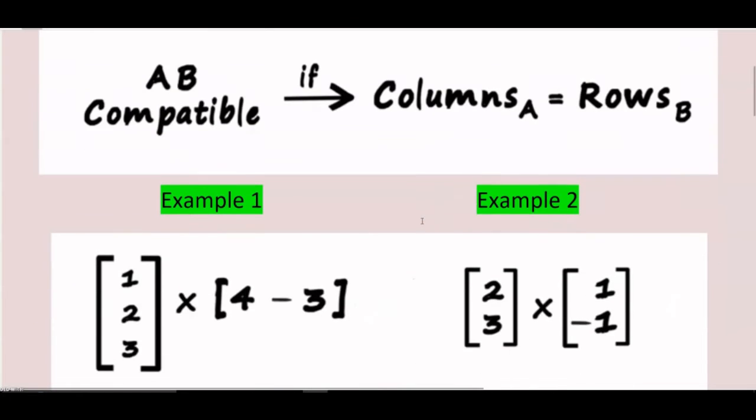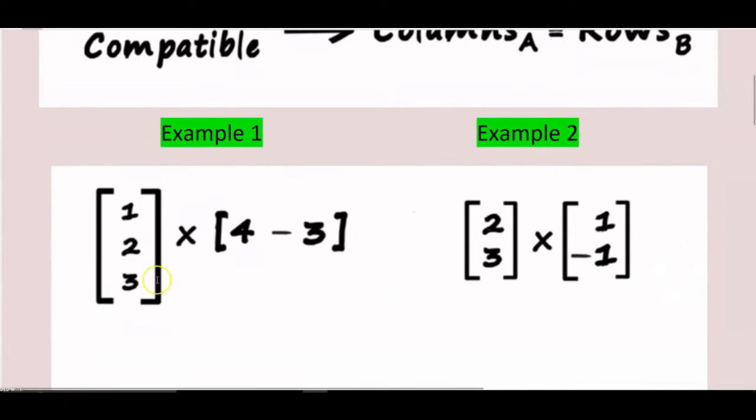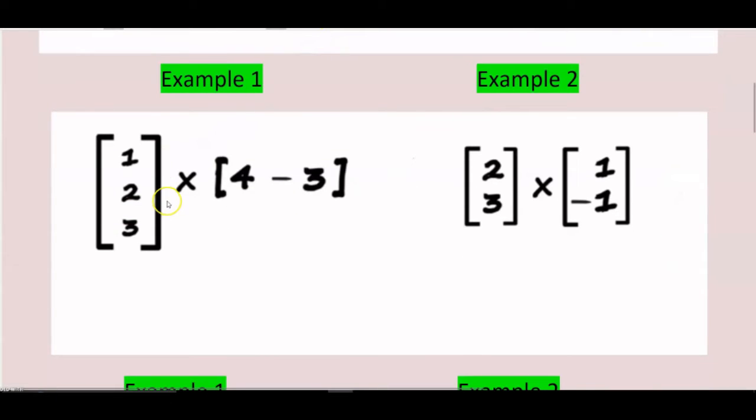So let's take an example. This is the first example. Here, this is the first matrix and this one is the second matrix. Are they compatible or not? A very easy method: just find the order of the two matrices. For the first matrix, the number of rows is 3 and the number of columns is 1, so the order is 3 by 1.